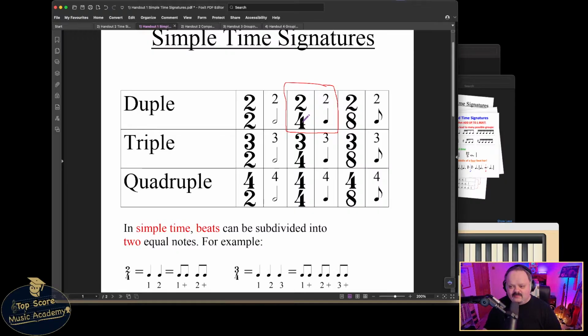It doesn't necessarily mean 2 quarter beats per bar, but that's how most students interpret it. You're better thinking of it as just 2 crotchet notes per bar. And yes, each one of those is a beat. 1, 2, 1, 2. Simple, easy to remember. 2 beats in the bar.